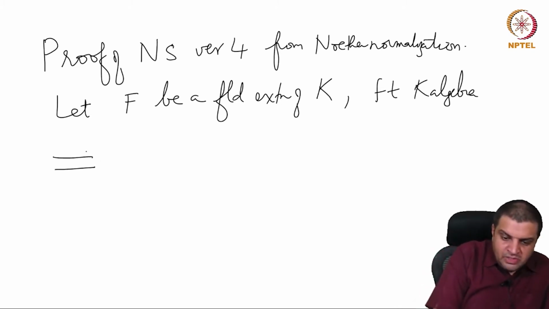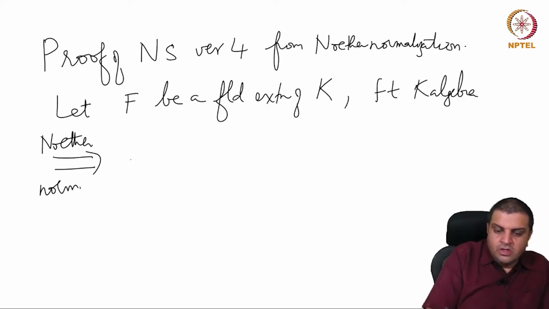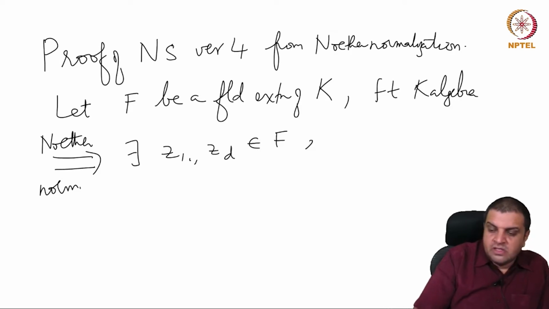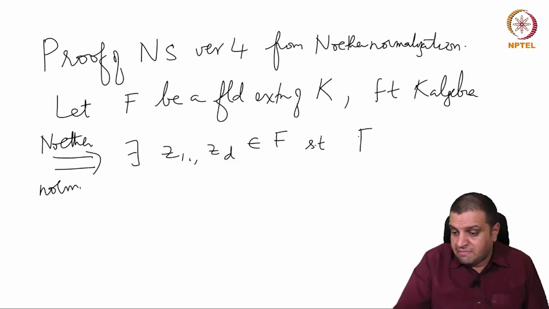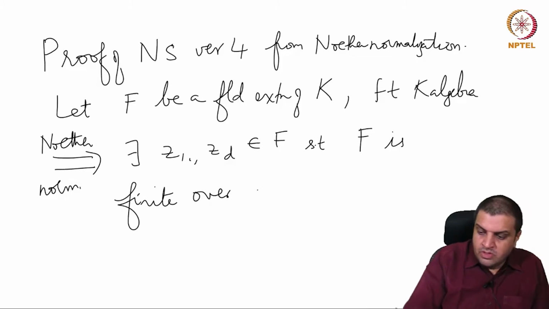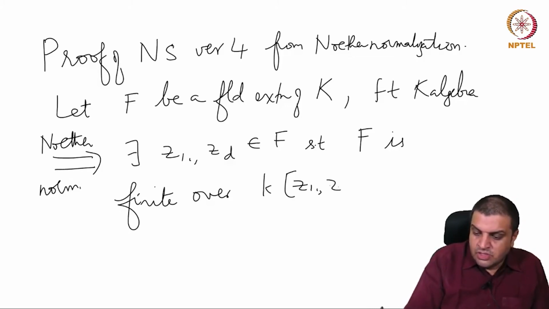Then by Noether normalization, there exist z1 through zd inside F such that F is finite over K[z1 through zd].